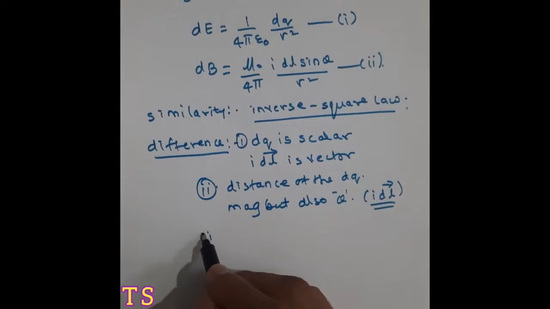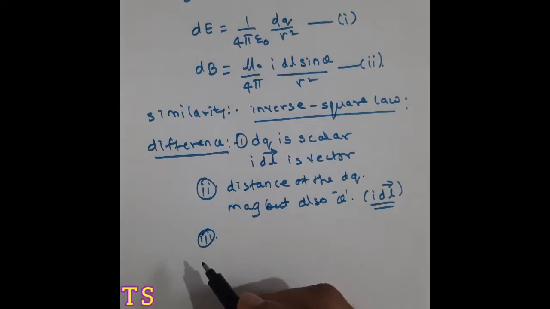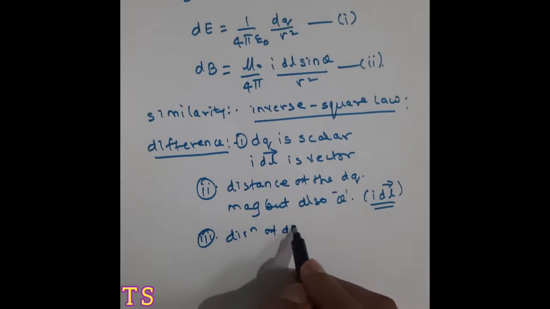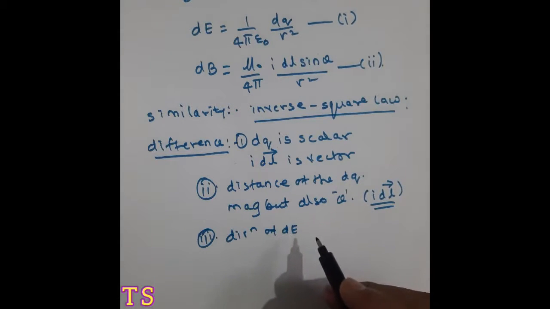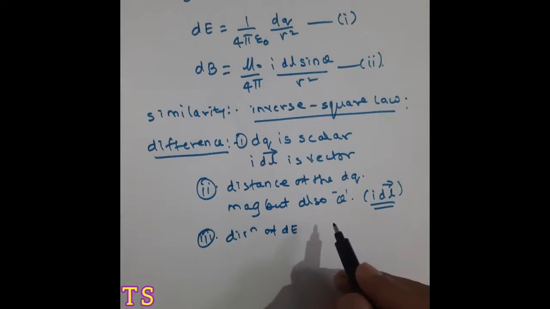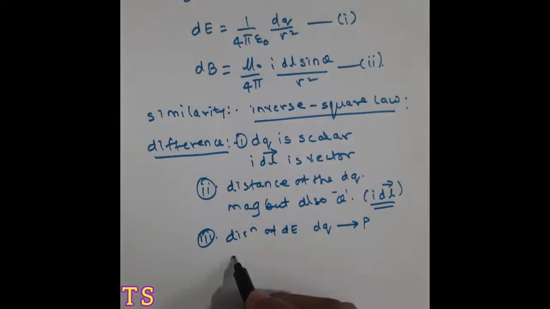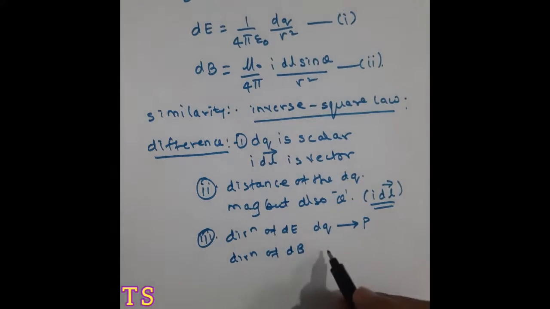Third one: the direction of the electric field, dE, is along the line joining the charge element and the point P. But what about the direction of the magnetic field? We apply the right hand rule, and it is perpendicular to the current element.